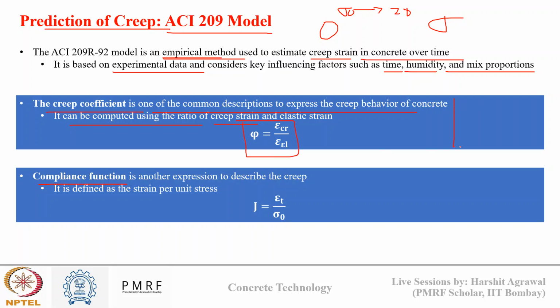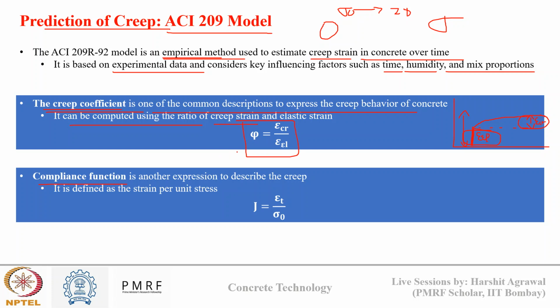We saw this profile: this is elastic strain, and the remaining is strain due to creep, epsilon cr. This is strain due to the initial modulus of elasticity of concrete, and this is the total strain that has occurred in concrete. So the ratio between creep strain and elastic strain is known as the creep coefficient.